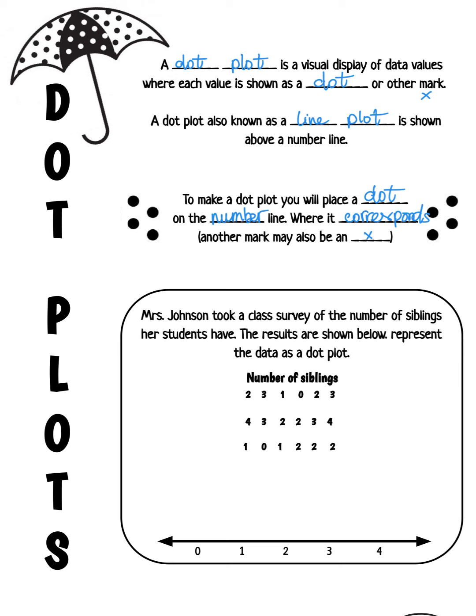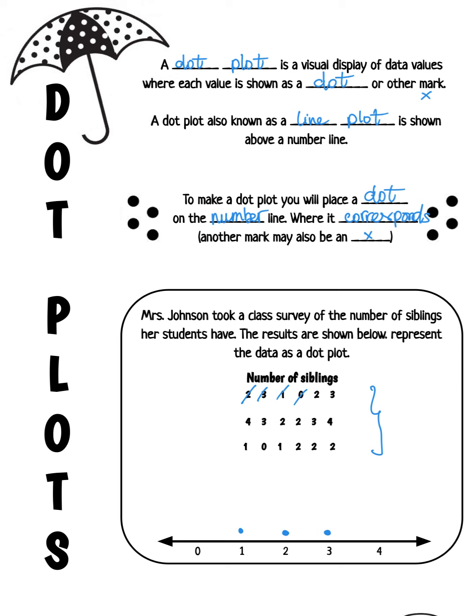So we have a list of students who responded how many siblings they have. We're going to put this data on the number line, represented as dots. So let's start. 2. It's 1.